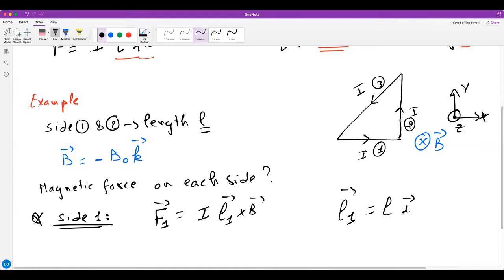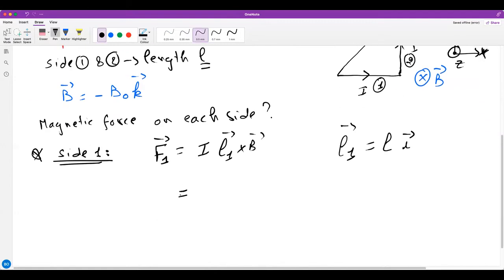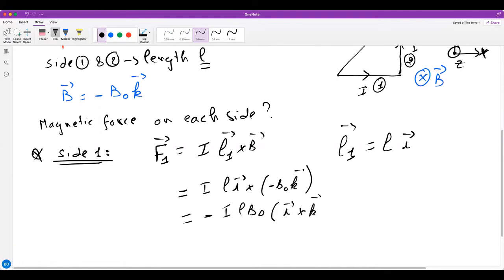If I replace, this gives L i cross minus B0 k, which is equal to minus I L B0 i cross k. Now i cross k is minus j.